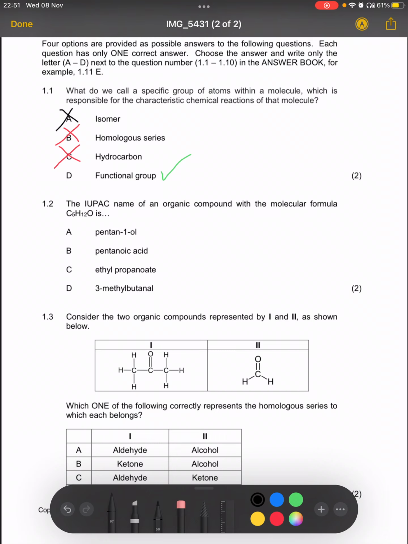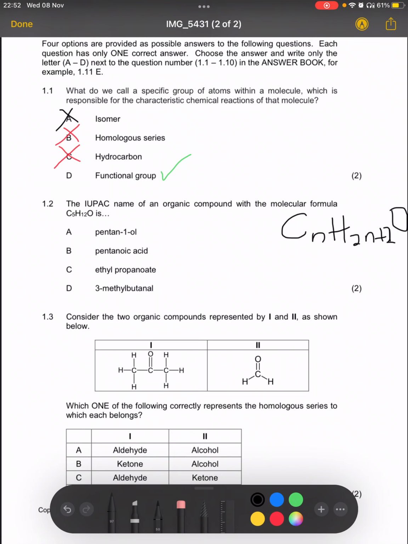Well, this molecular formula looks to me like it comes from CnH2n+2, plus an O. And what homologous series has that type of general formula?